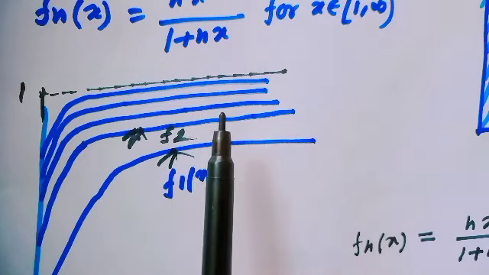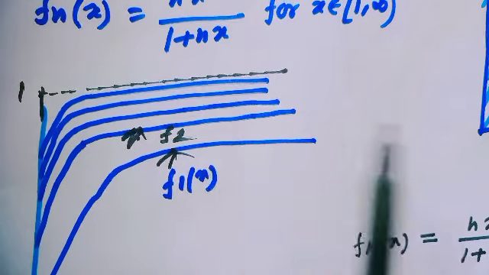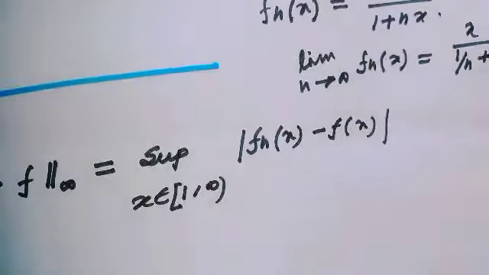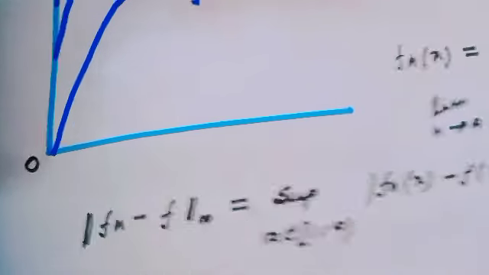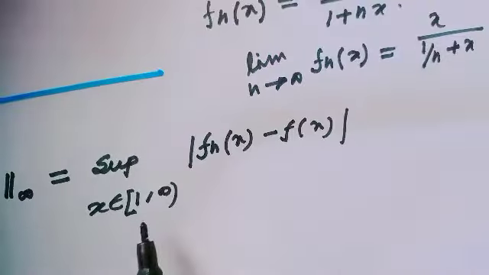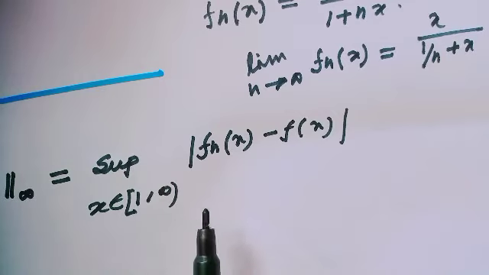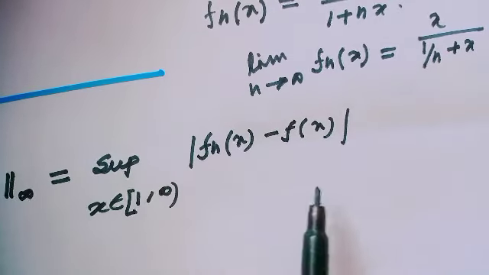Here I will apply the supremum method. That means the norm of fn minus f infinity is equal to the supremum, x belongs to closed 1 open infinity, of the absolute value of fn(x) minus f(x).